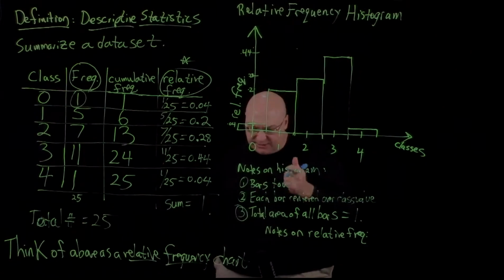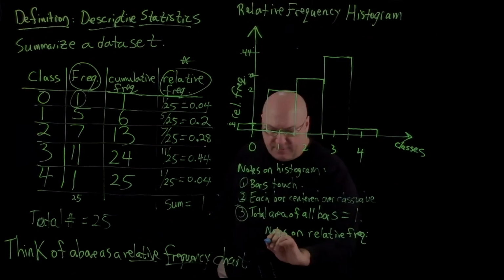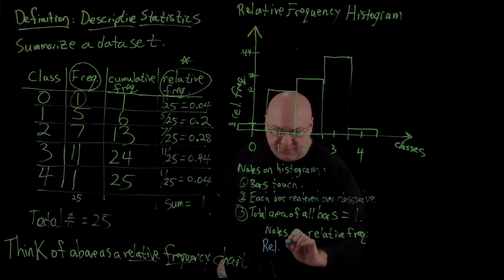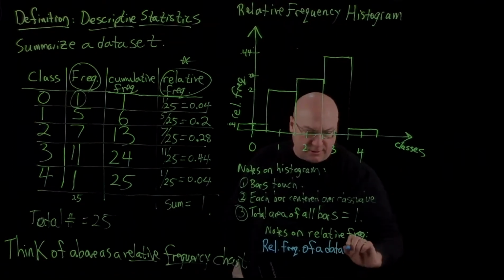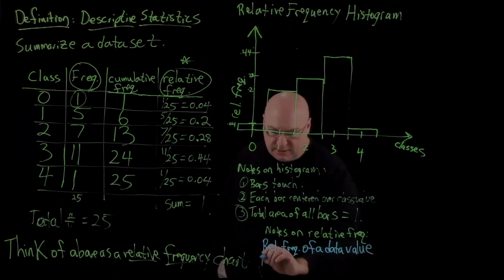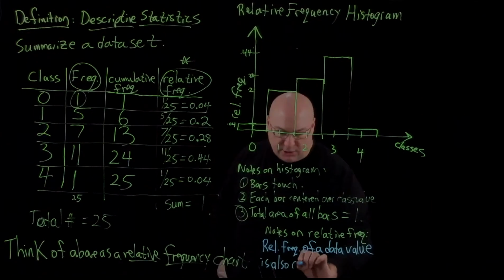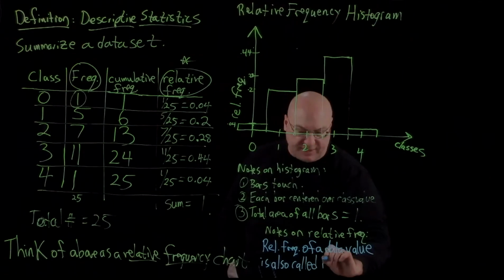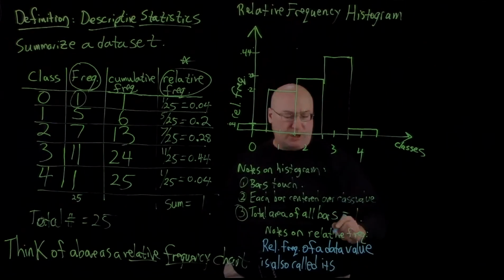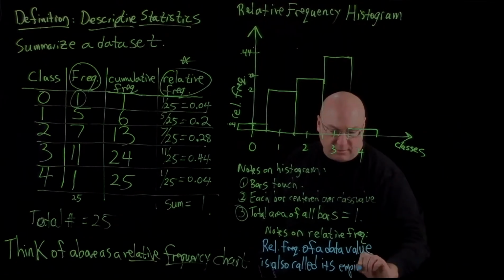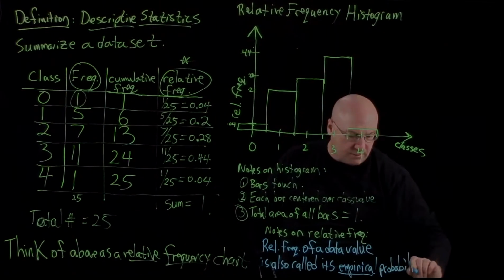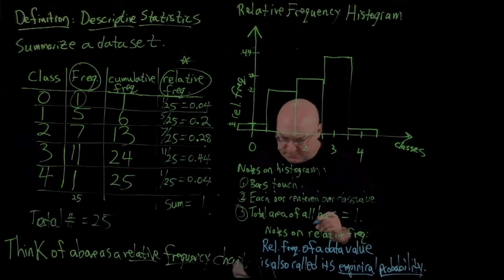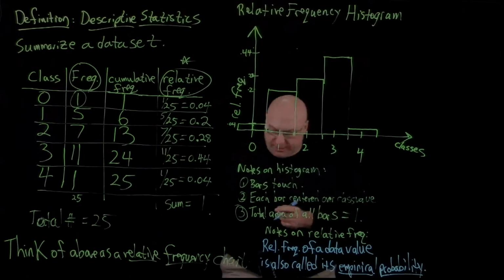Now, the big thing I want to say is, again, I'm going to abbreviate, the relative frequency of a data value is also called the data value's empirical probability. Okay, I haven't even really defined what we mean by probability yet.